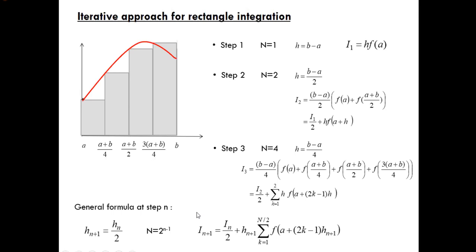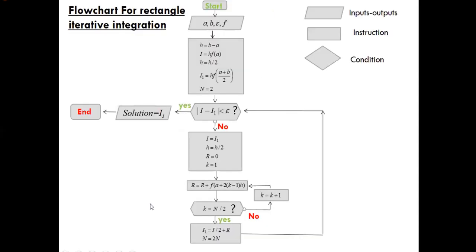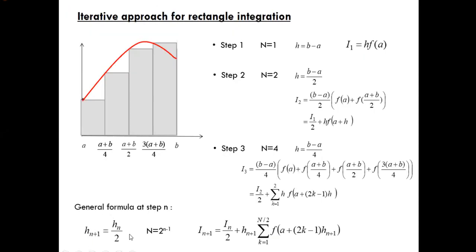When I continue cutting the interval, increasing the number of intervals by multiplying by 2, meaning dividing the step by 2, I get that at a step n, the next step h_(n+1) is h_n over 2.